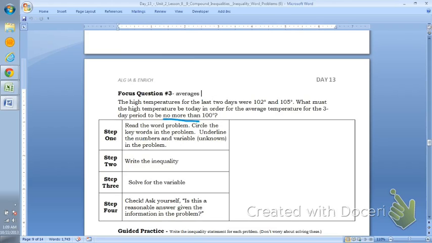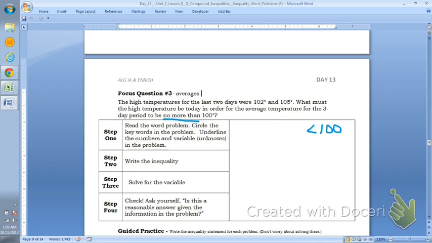I say usually it's an at least problem, but in this case they're making the 100 degrees to be a minimum because it says no more than. So we want to stay under 100 degrees. It didn't say equal to, so let's just keep the less than sign. So we want to stay less than 100 degrees.